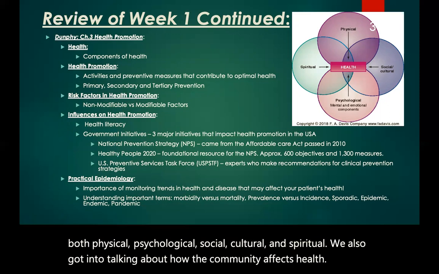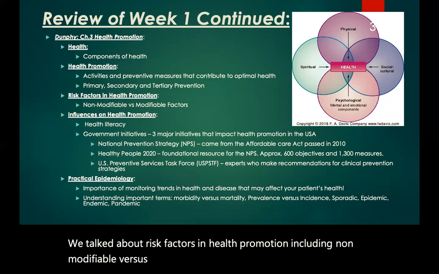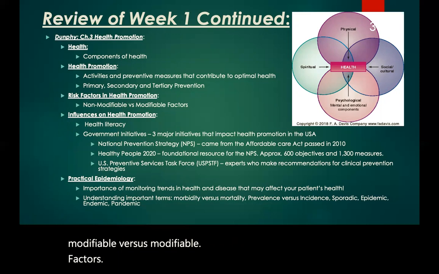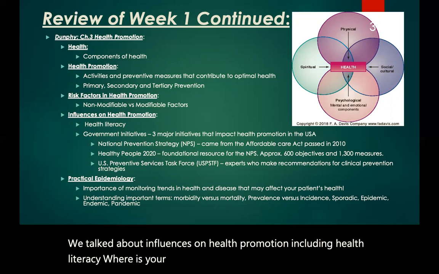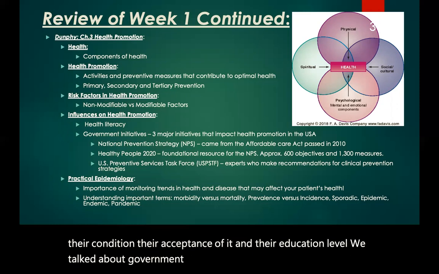We talked about risk factors in health promotion, including non-modifiable versus modifiable factors. We talked about influences on health promotion, including health literacy. Where is your patient at in terms of their understanding of their condition, their acceptance of it, and their education level? We talked about government initiatives in terms of their influence on health promotion.